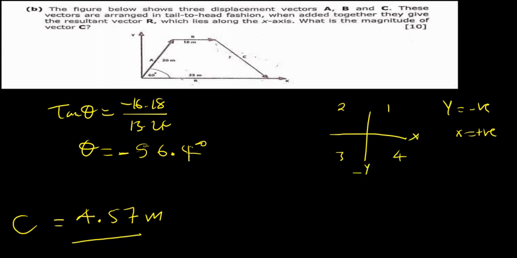So the angle that we found is here. When we want to find the angle that we want, which is in this direction, then we are going to add 360 to this angle we have found, or we just say 360 minus 56.4.